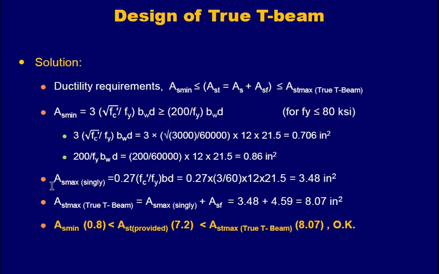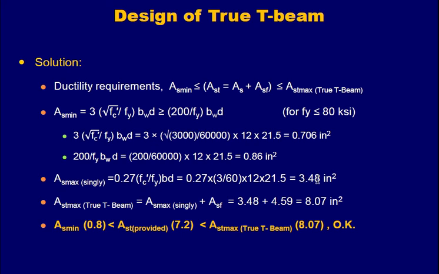Now, as we have seen while discussing the mechanics, As total maximum is equal to As maximum plus this Asf. As maximum simply is, we know this equation, 0.27 fc prime divided by fy times bd, and we also know where this 0.27 comes from, so no need to be confused.